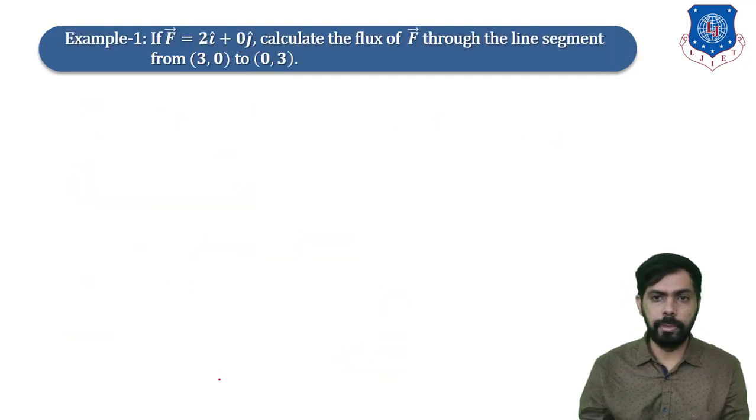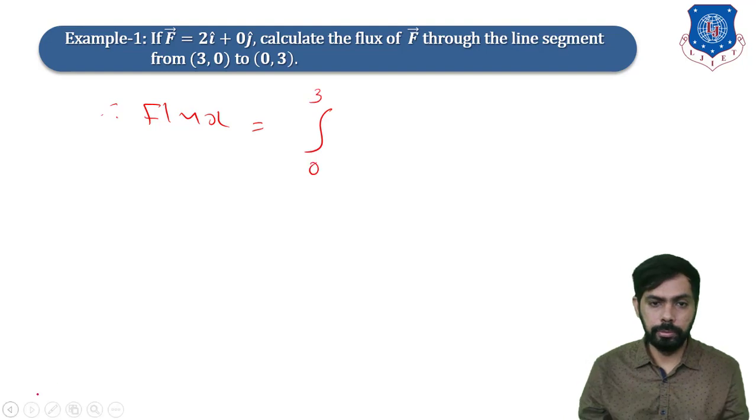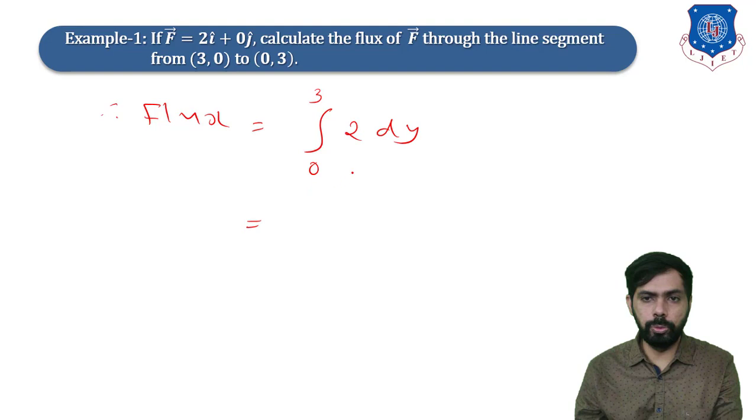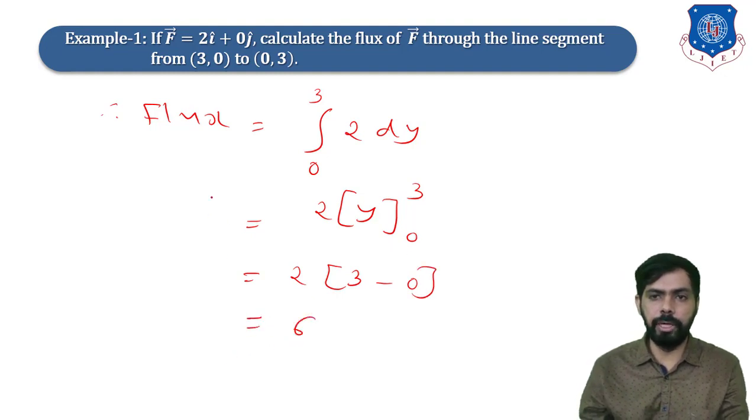Therefore, flux is equal to integration from 0 to 3 of 2 dy. So here 2 is constant, so integration of 1 dy will be y, and limit will be from 0 to 3. So first of all we will replace y by 3, then minus y by 0. So answer will be 6. Therefore flux will be 6. So this is how we can find out flux.